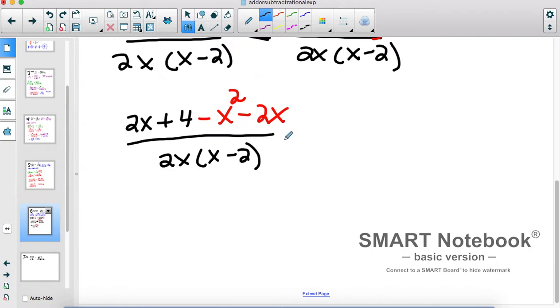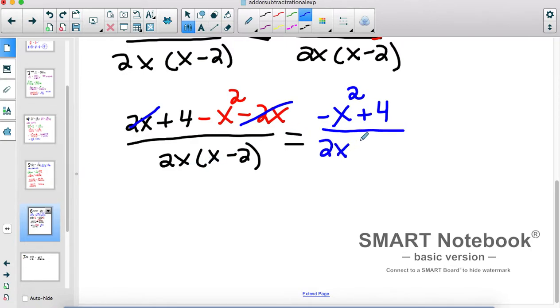Okay, so actually 2x minus 2x are going to cancel. So up top, I'm just going to have, in order, negative x squared plus 4. And on the bottom, I have 2x times x minus 2.